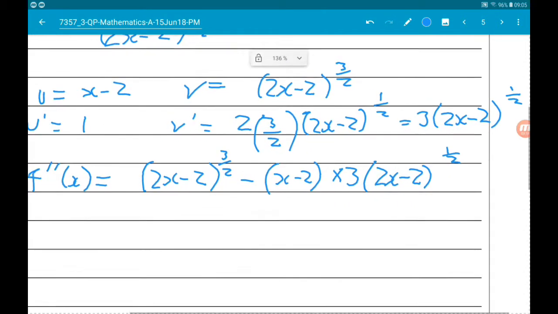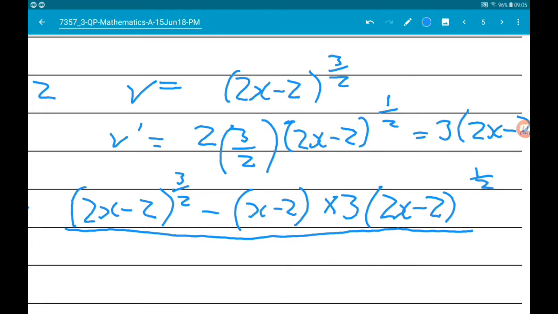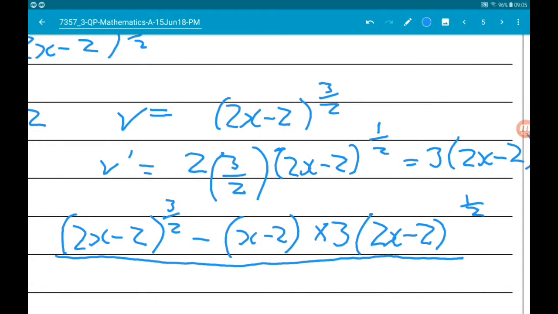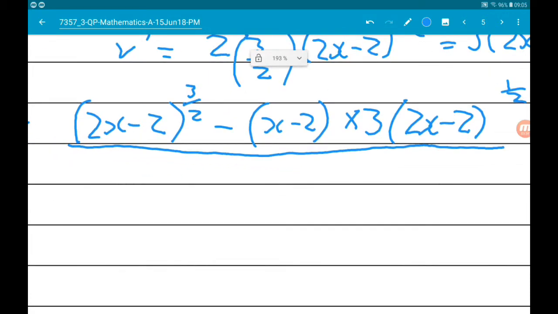Now that is all over v squared. So that's all over 2x minus 2 to the 3 halves, and a power of 3 halves squared is cubed. So over 2x minus 2 cubed.